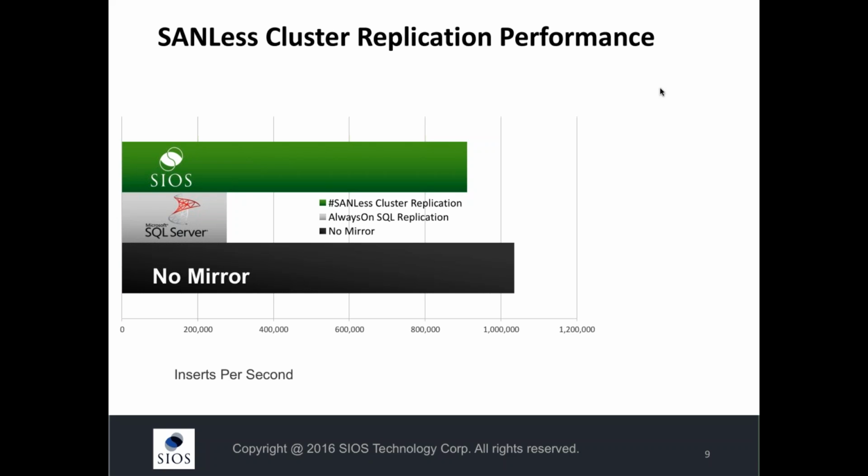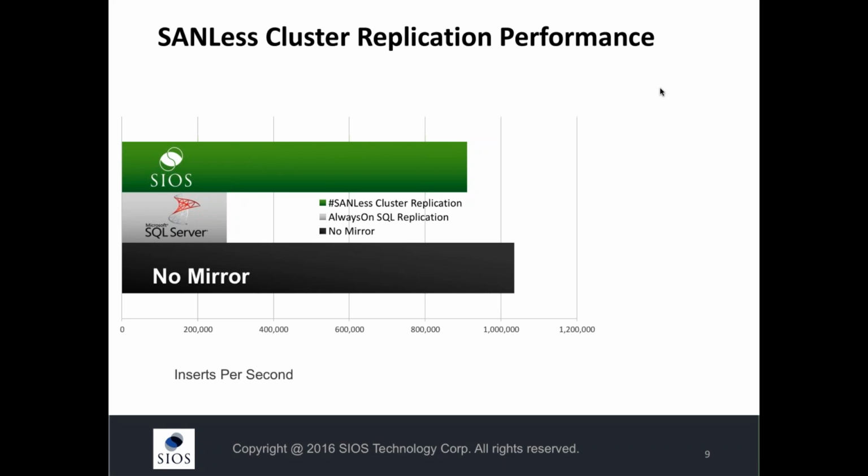But with availability groups, it was slowing things down pretty significantly here. So now we turned off availability groups, and we did the same replication, same workload, but this time with SIOS's DataKeeper Cluster Edition product doing the real-time block-level disk replication. And here we were only seeing around 15% or so overhead. So a lot less overhead.